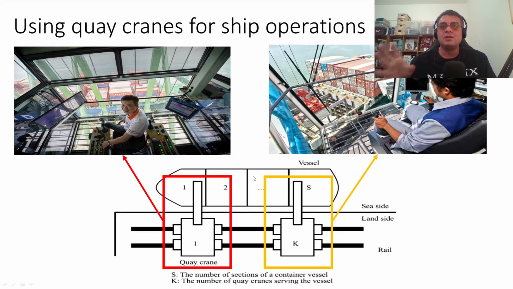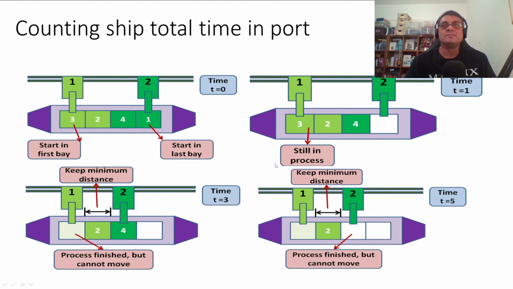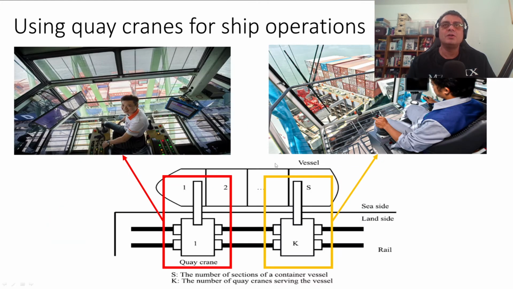For example, they should keep a minimal distance between them for security reasons, and these equipments cannot overtake each other. One crane cannot jump to another bay of a ship, since they are very big and rail mounted.